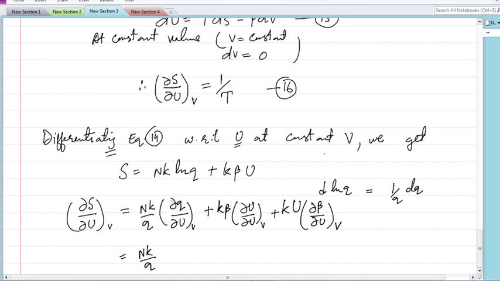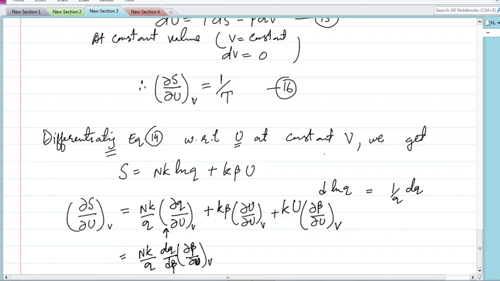Suppose we multiply dou beta in the numerator as well as the denominator of this equation, so we can also write it as dQ upon d beta times dou beta upon dou U at constant volume.